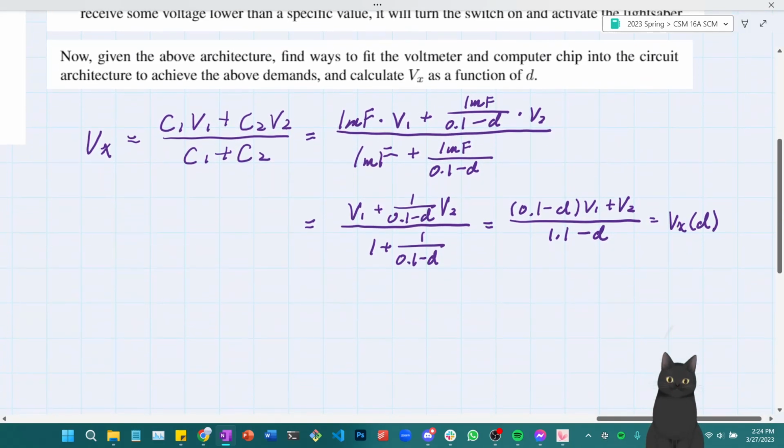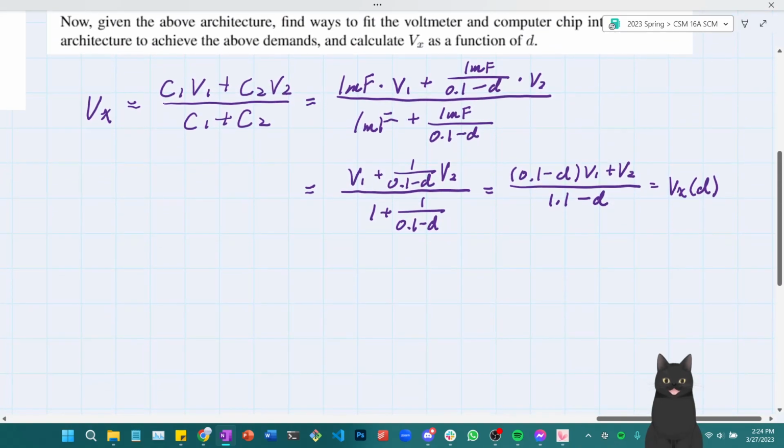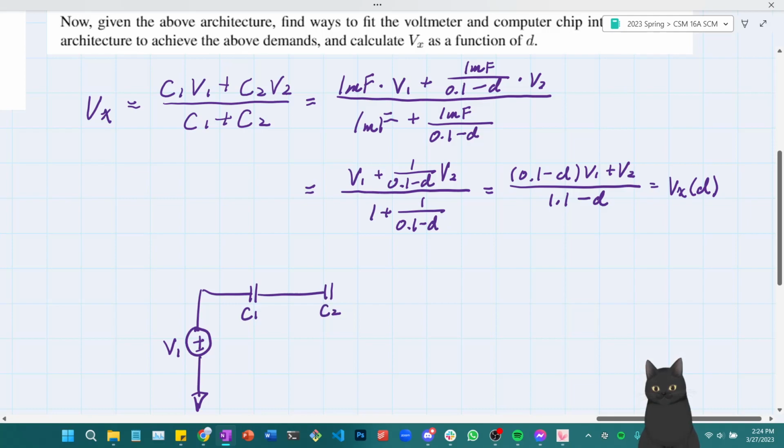If I want to read Vx, what I have to do to the original circuit is first construct the original circuit, which is somehow shaped like a voltage summer. And now I have to read Vx. Vx is here.